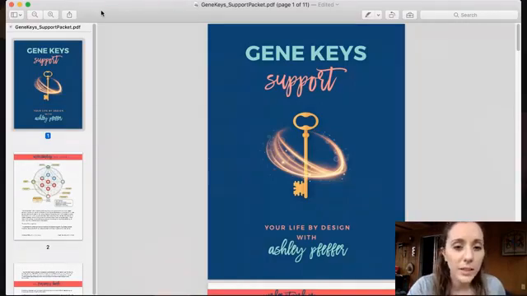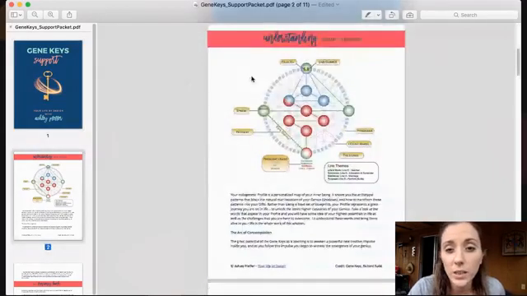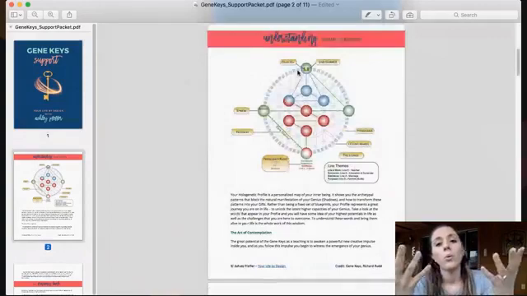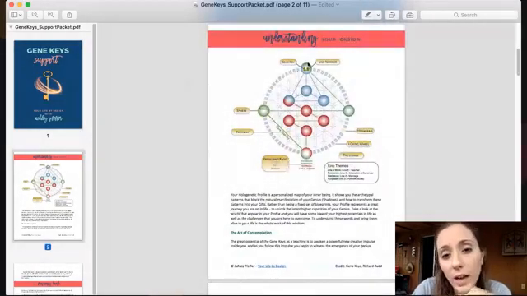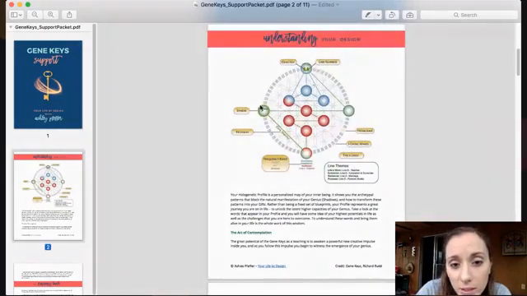So this is the packet, and it goes off by stating what the different components of this chart are. So the Gene Keys profile has these spheres, and each of these spheres means a different thing. Like the top one is your life's work, then you have your evolution, your radiance, and your purpose.